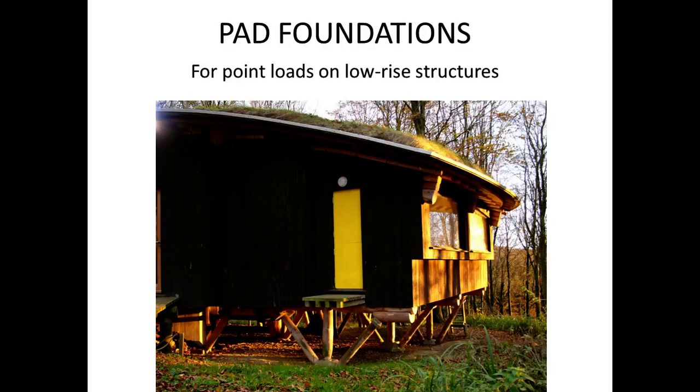For lightweight low-rise structures that are built on columns of some kind or another, or some kind of post and beam structure, such as this lovely little timber building, which is an Architectural Association building actually, this is landing on just little pads. They're called pads.